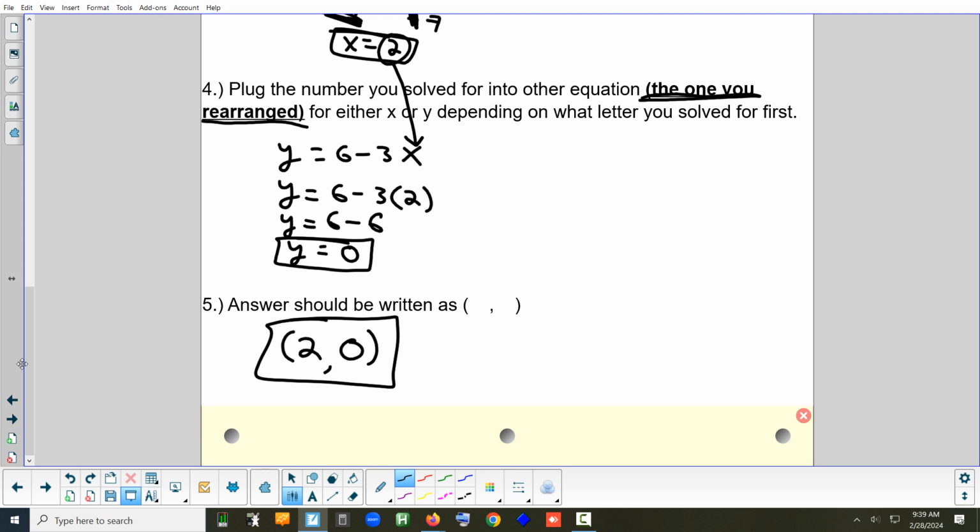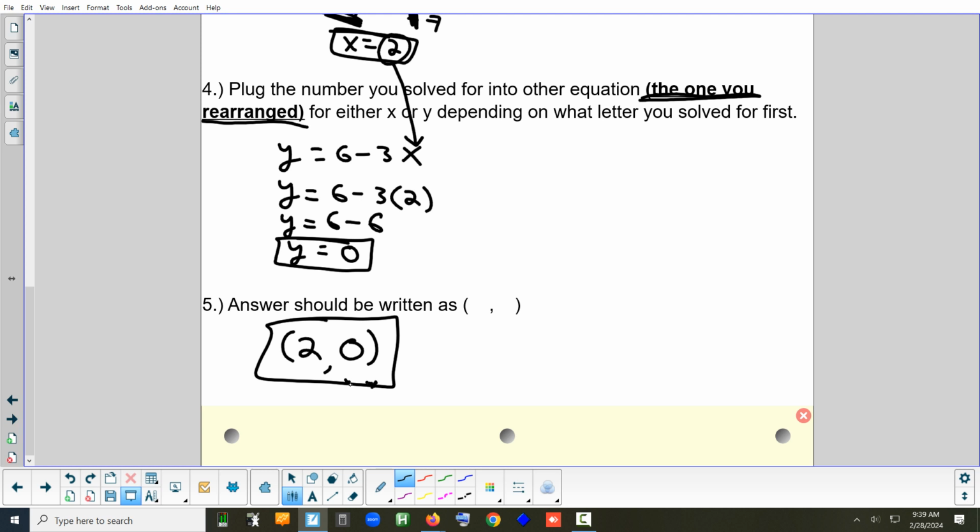Now, what's special about this point? Because remember, we're solving linear systems, so it's 2 lines we would have drawn if you were going to do it that way. If we were to solve this system by graphing, we would have drawn 2 lines on graph paper, and something would be happening at the point 2, 0 with the lines.